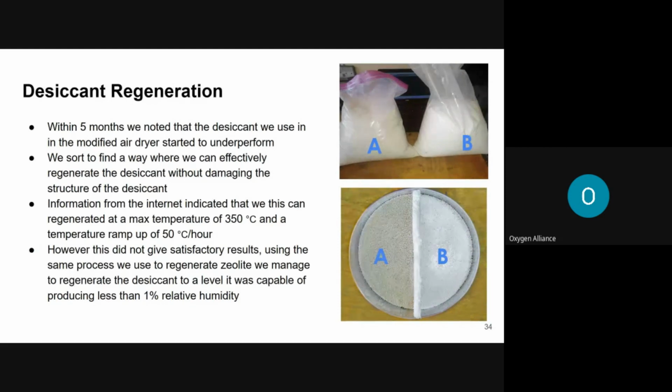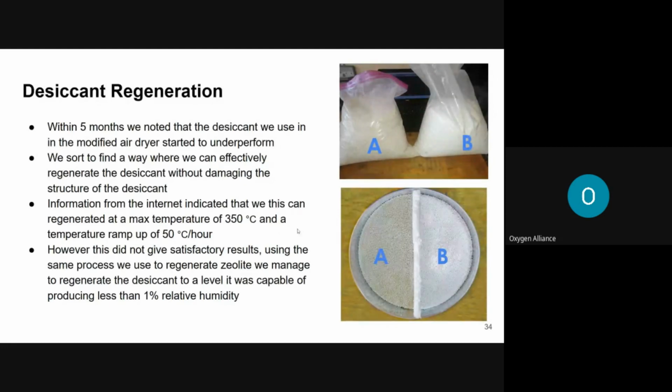In the image on the slide deck, you can see A is the desiccant which has been saturated with moisture, and B is the desiccant which has been regenerated. You can clearly see the color difference there. The one with the moisture is a bit darker, and the regenerated desiccant is a bit brighter. So this is what we are using currently.